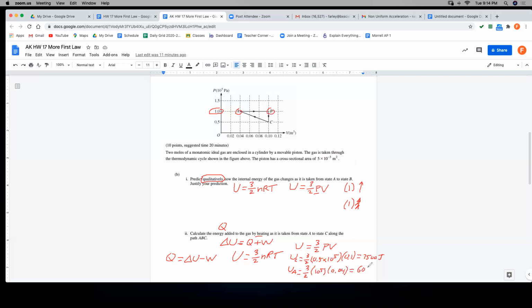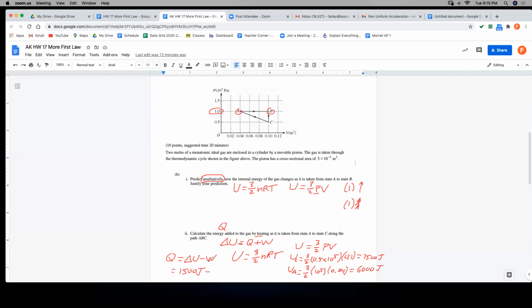Yeah, 6,000. And so what is the change? Final minus initial, UC minus UA is going to be 7,500 minus 6,000. So delta U is going to be 1,500. Okay, now I am totally running out of space, so I'm going to have to do something about that.